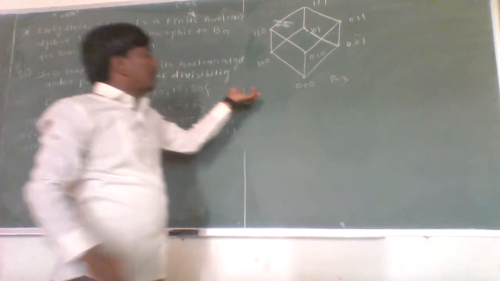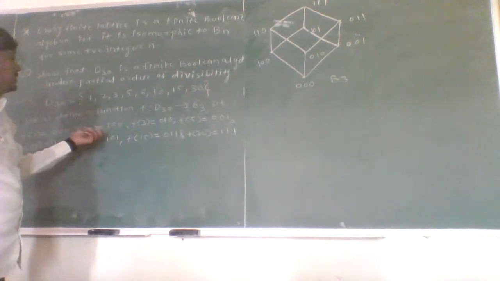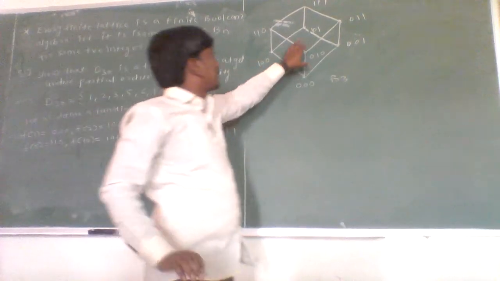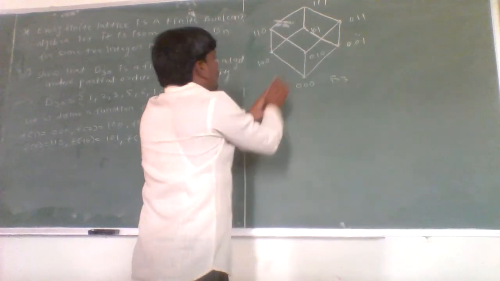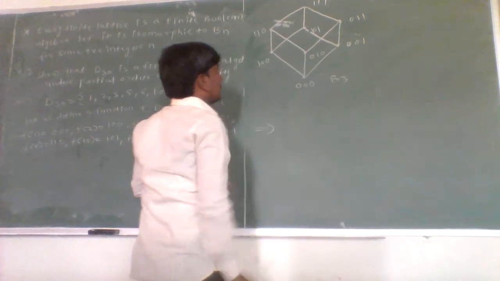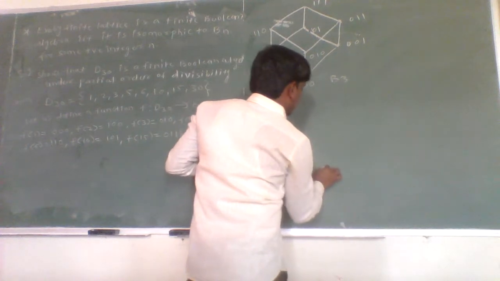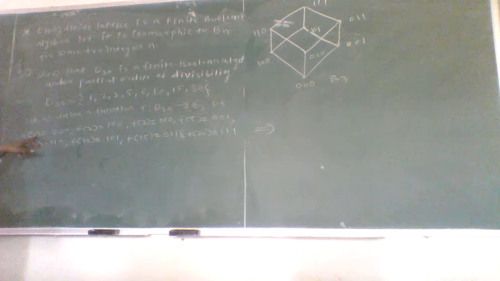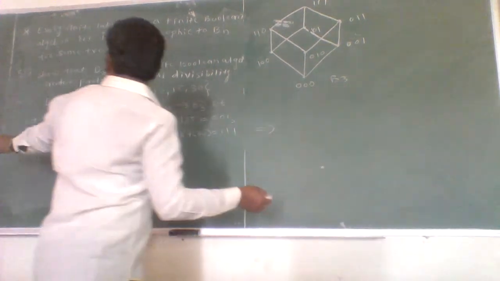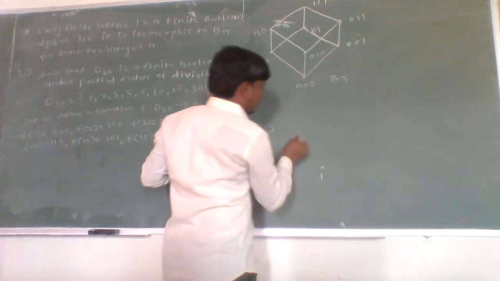Now to find the Hasse diagram of D30, we just replace the corresponding pre-images in the Hasse diagram of B3. The pre-image of 000 is 1.